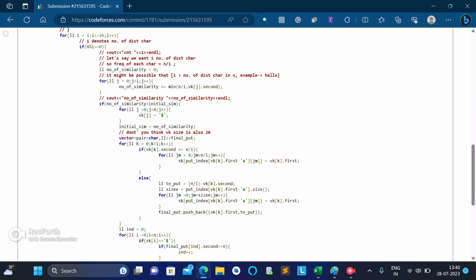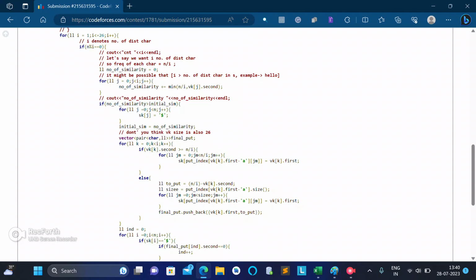Then, according to the indexes, I have also said that in L put 2 comma 3, that L is present at the second index and the third index. In that manner I have put them at their places. And suppose L should be present 5 times, and I know L is present 2 times.